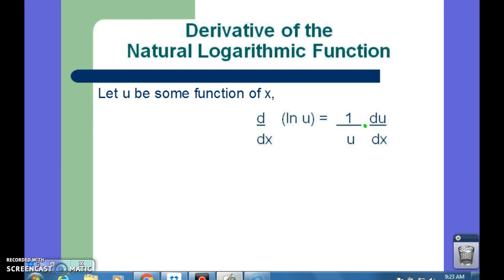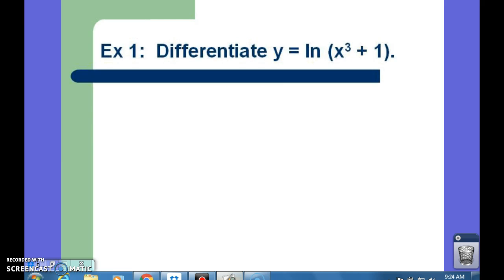Did you guys understand that? Okay, so in the case of this example, the inside function, u, would be x cubed plus 1. So what is du dx or u prime? 3x squared.